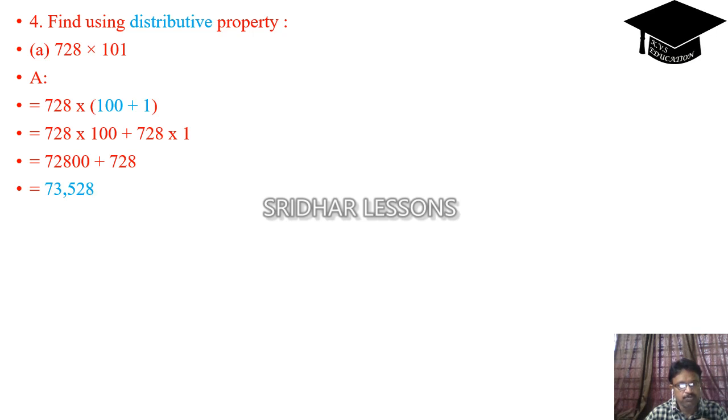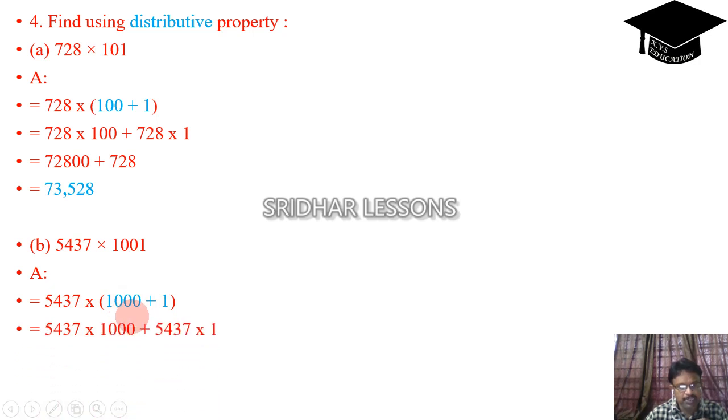Next problem. 5437 into 1001. Students, you tell me the answer. You can guess. We can write this 1001 as 1000 plus 1. That is 5437 into 1000 plus 5437 into 1.